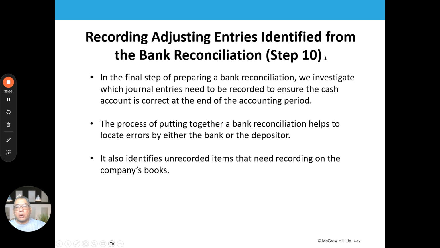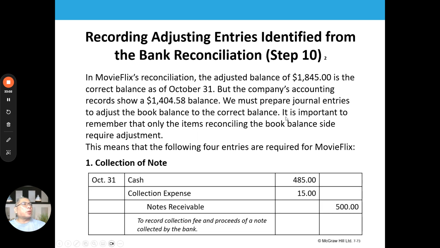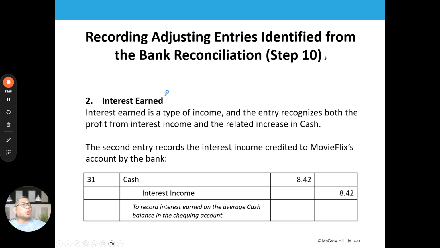Recording adjustments, with an example given here. Cash is debited 485, collection expense 15, and notes receivable is 500. Okay, collection of a note. Number 2, interest earned: cash 8.42, interest income 8.42.